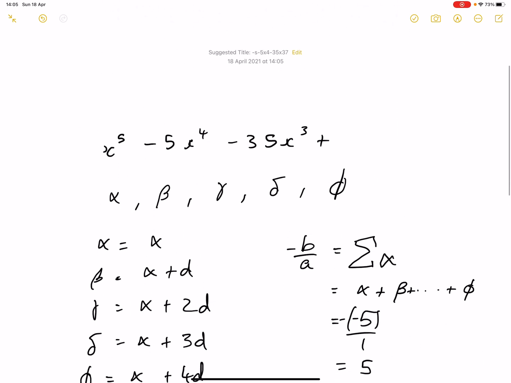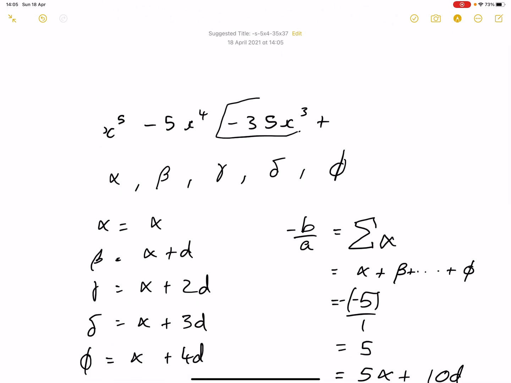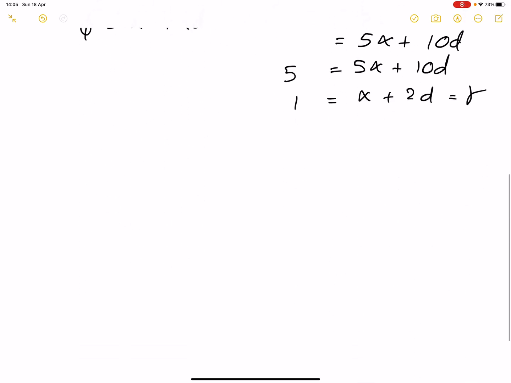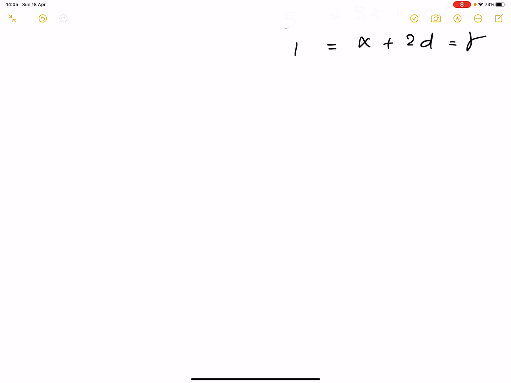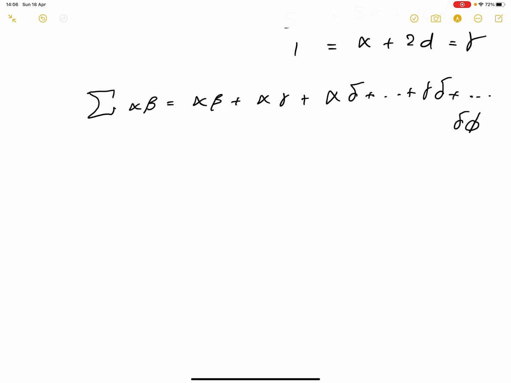And we know that the sum of paired roots will be equal to minus 35 over the a term, which is just 1, so minus 35. So the sum of paired roots, sigma alpha beta, is alpha beta plus alpha gamma plus alpha delta, and so on until we get gamma delta, and so on again until we have our final terms, so delta phi.